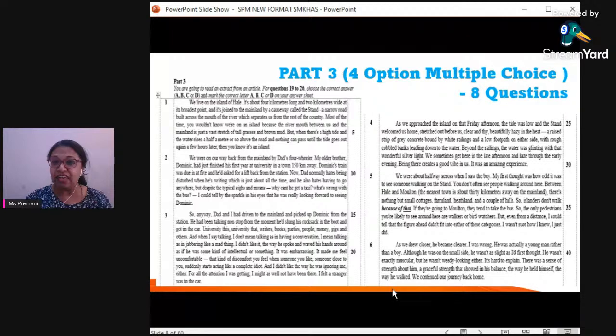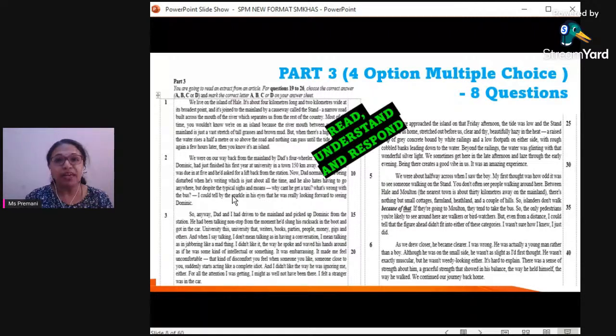So very quickly go through it. Again, you have to read, understand, and then only respond. Okay. Do you need to read the whole text at the beginning? Okay. If it is classroom practice, I'll encourage my students to read first. But if it is for exam purposes, then I will ask them to go through the questions first.